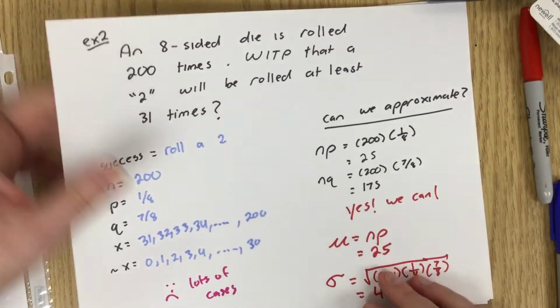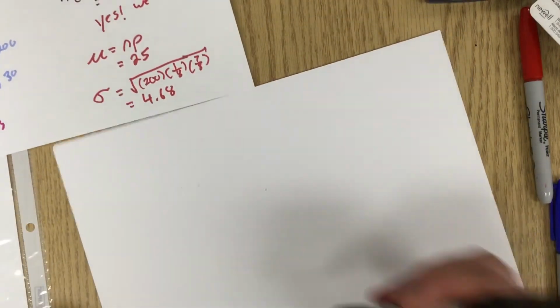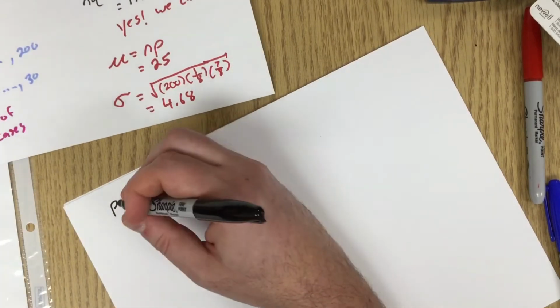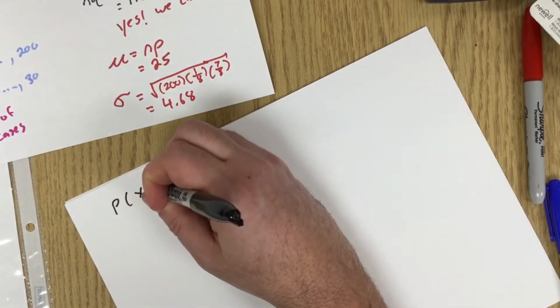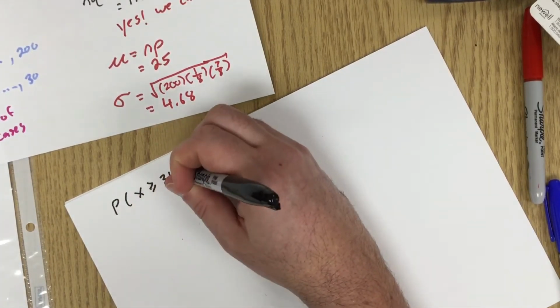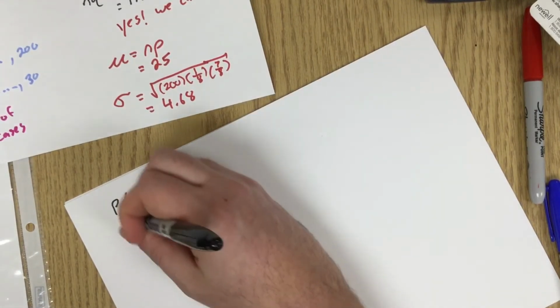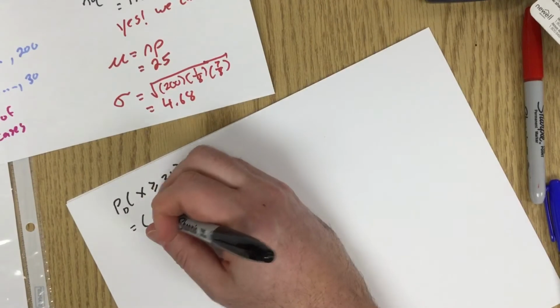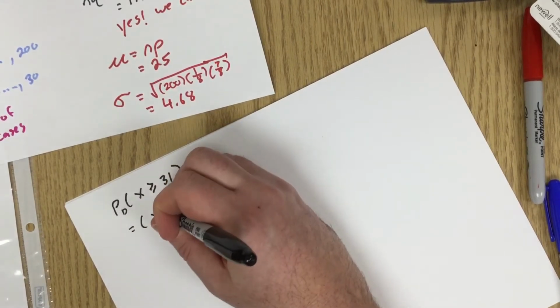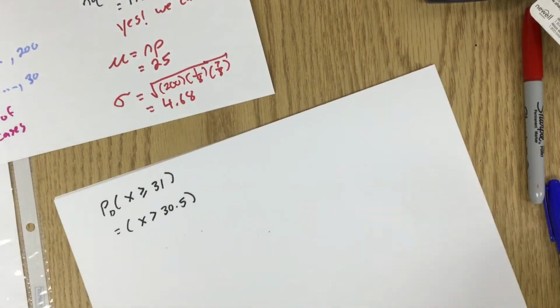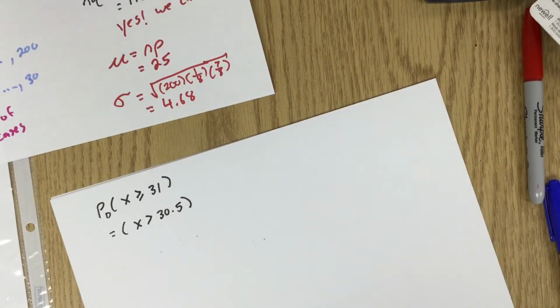So now let's actually use this thing. What it's asking for, we want the probability of being at least 31 times. So that's the probability of it being greater than or equal to 31, because it's at least 31. So 31 is okay. That's discrete, so we're going to have to do a continuity correction. It's going to be the same thing as being bigger than 30.5. We're going to have to do a z-score calculation.